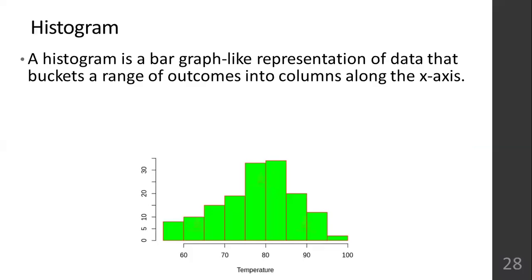Next is histogram. So a histogram is a bar-like representation of data that buckets a range of outcomes into columns along the x-axis. Okay, so all continuous data like height, weight, age, these things are continuous in nature. Only after being 1 year old you can be 2 years old.